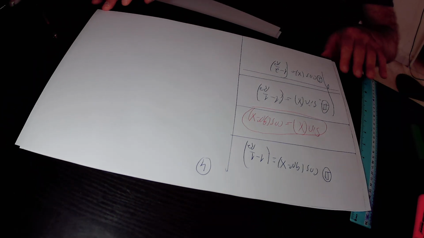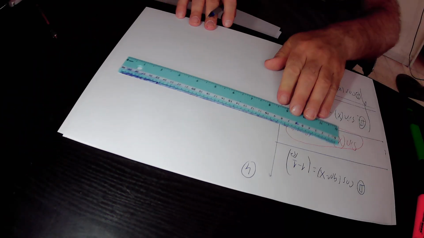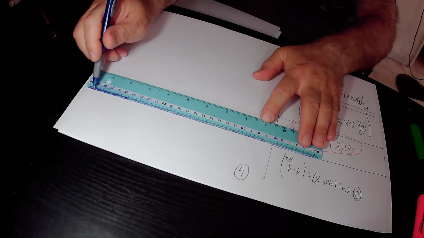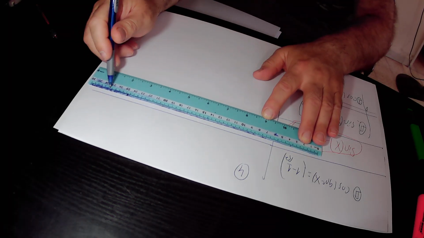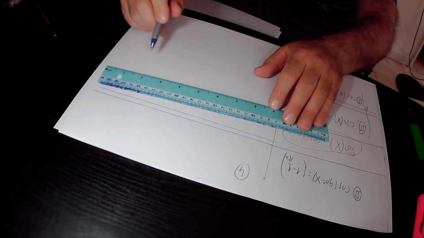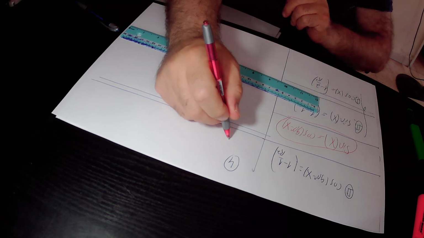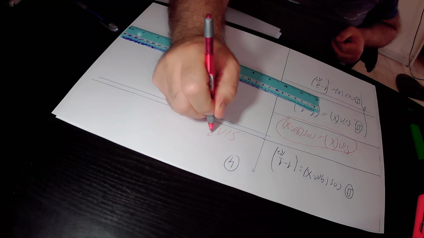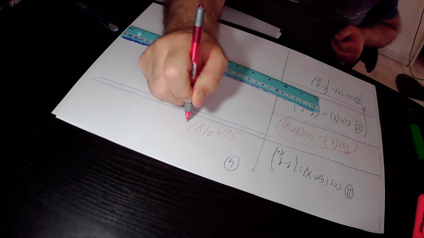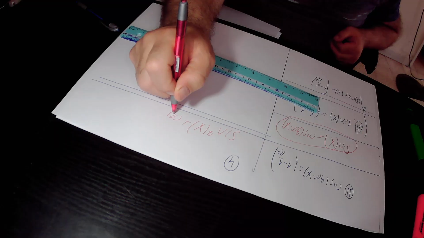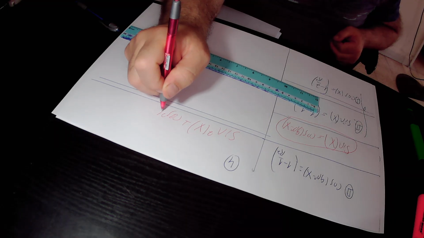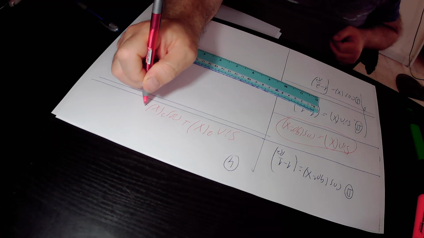And the next step, we use the trigonometric identity that states that sinus square x plus cosine square x equals to 1.